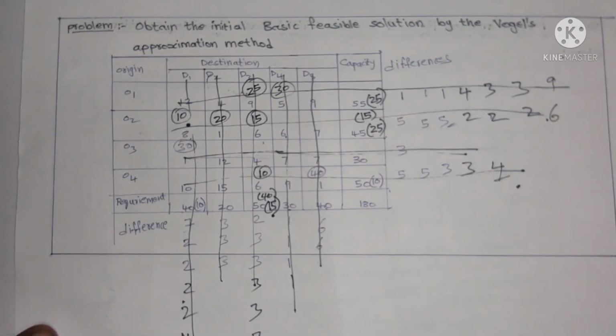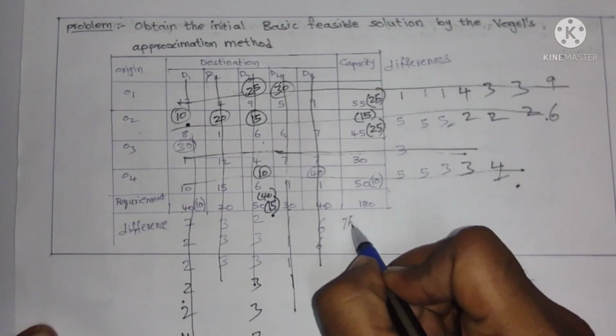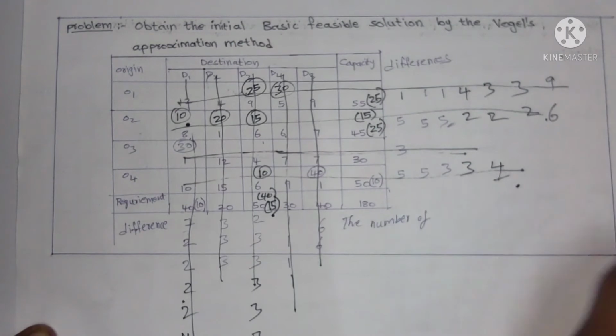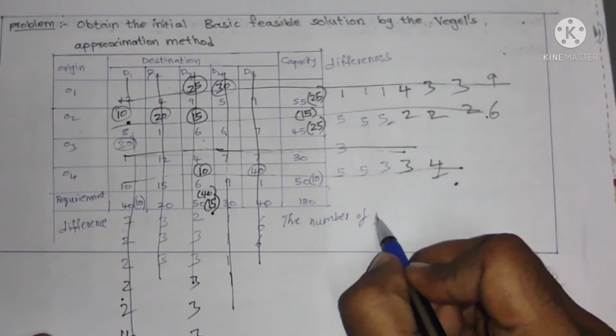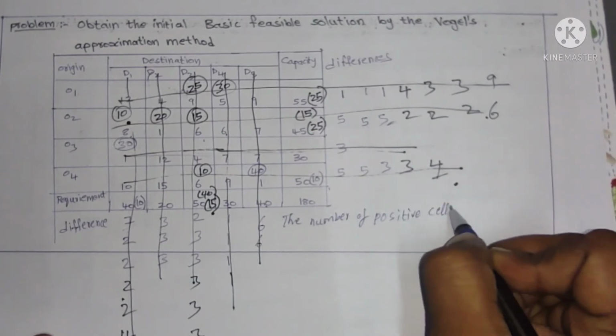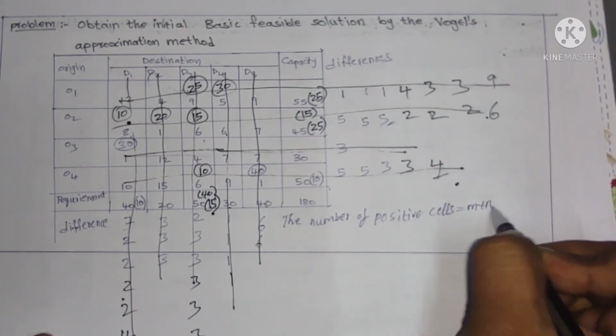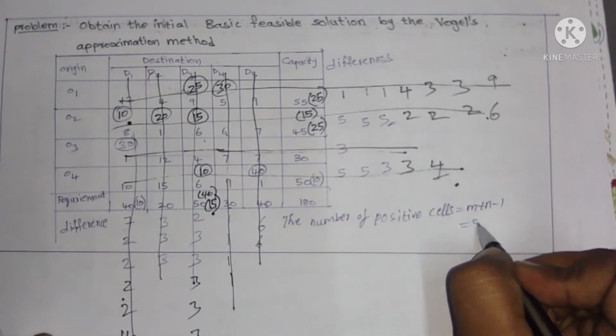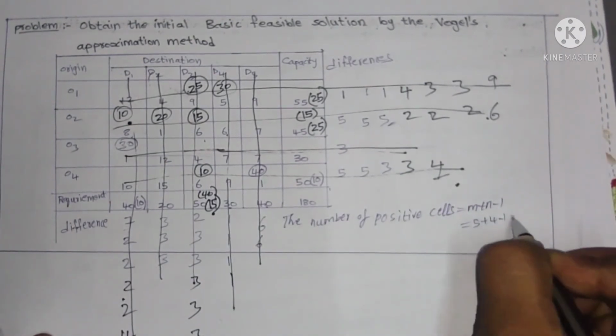Now coming to see here, the number of positive cells is equal to m plus n minus 1. That is, number of rows are 5, columns are 4, minus 1, that is equal to 8.